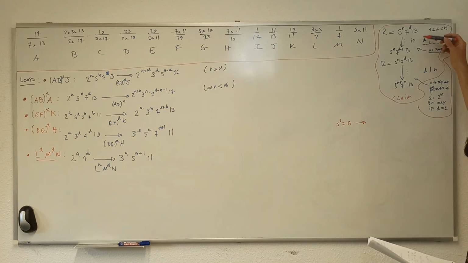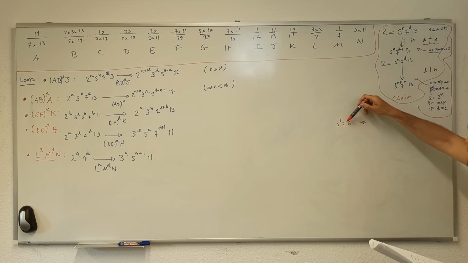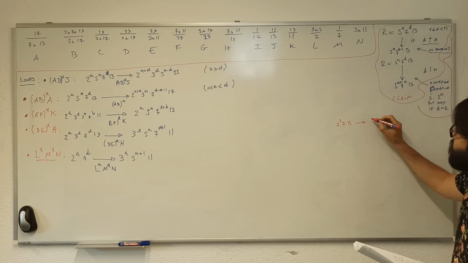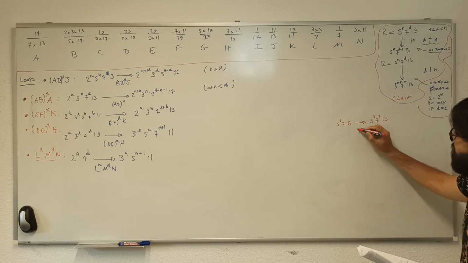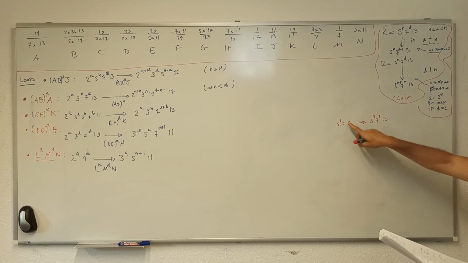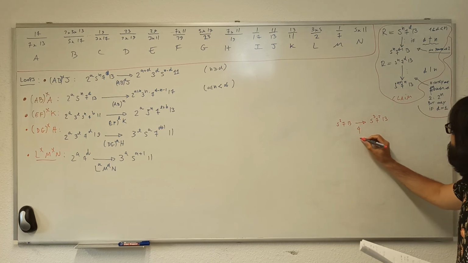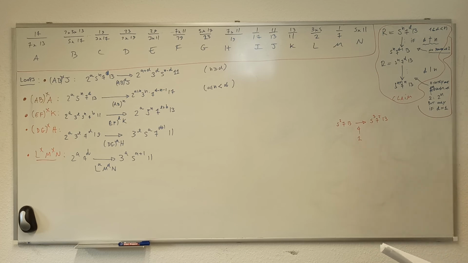Well, 1 indeed divides 2. Okay, so by the claim, I should get to a 3, 7 squared 13, and the only power of 2, d is 1, will be exactly 2 to the n, so 2 squared.